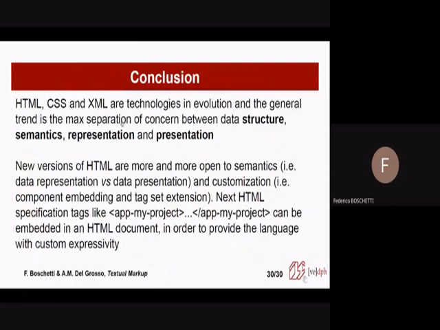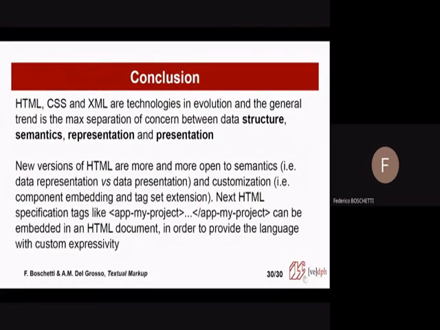In conclusion, we can say that HTML, CSS, and XML are technologies in evolution, and the general trend is the maximal separation of concerns between data structure, semantics, representation, and presentation. New versions of HTML are more and more open to semantics, I mean, to data representation versus data presentation.